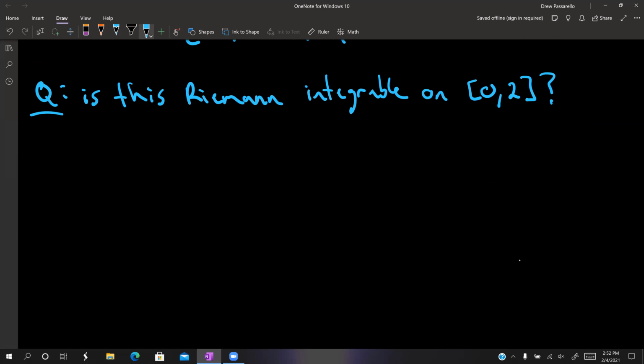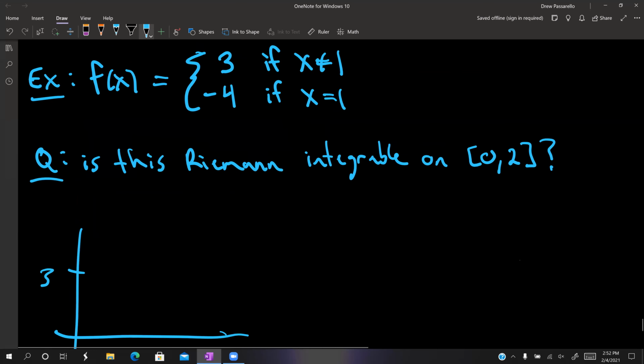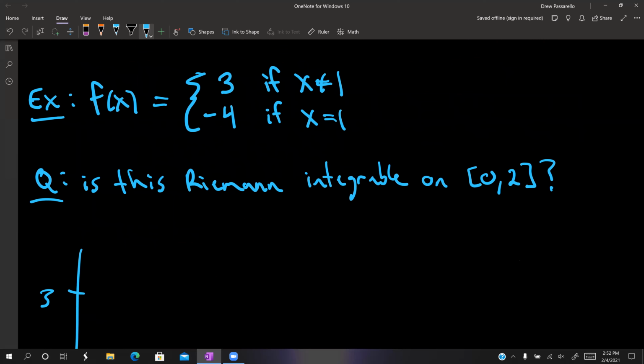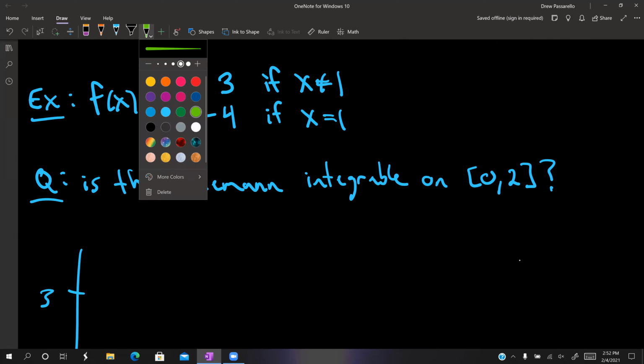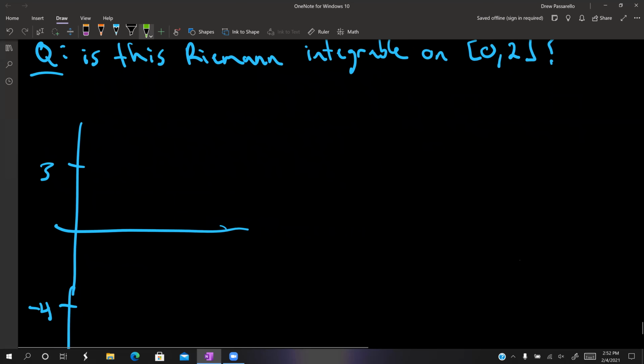All right, so that's the question. Now, what does this function look like? Let's say that's 3, negative 4. So it's going to be equal to 3 for all values that are not equal to 1. And our interval is going from 0 to 2. So let's say this is 2, and then this is 1.